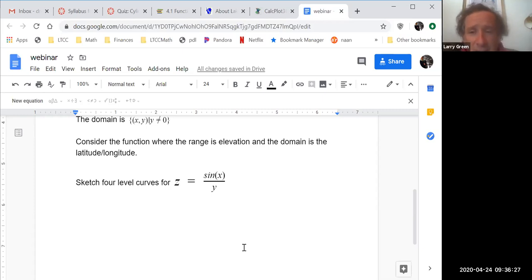Okay, so what we need to do is pick 4 level curves. So now we want to get nice about this. We want to get some good values of z that kind of show what's going on. Any questions on that idea? Okay, the first thing, I'm not going to pick z equals 0. How come? z equals 0 is a little weird and I want to avoid it.